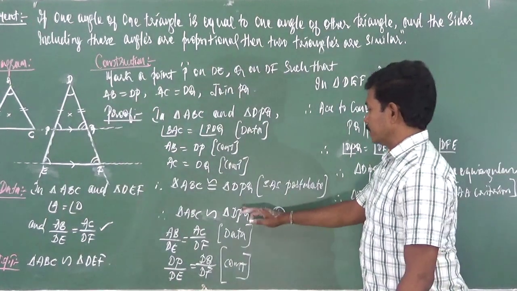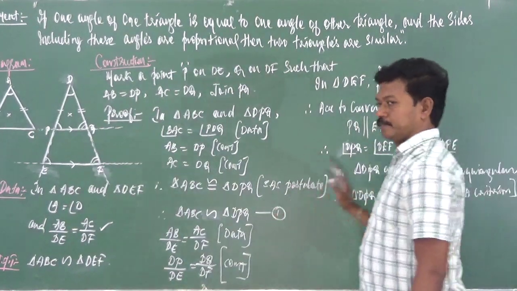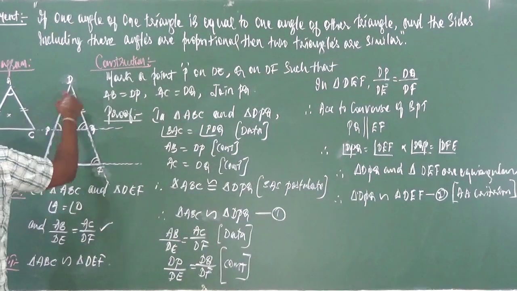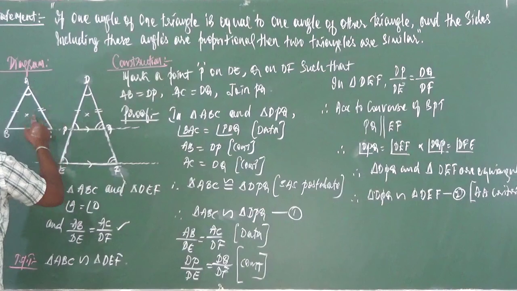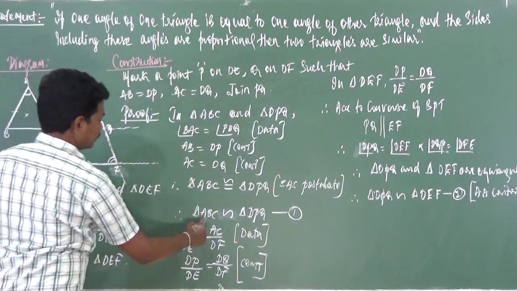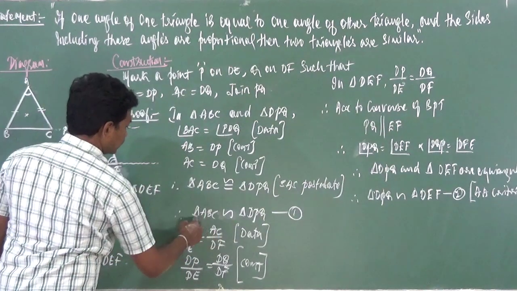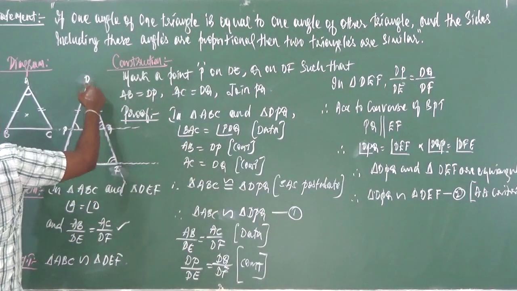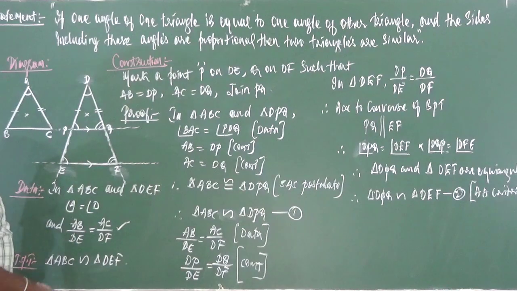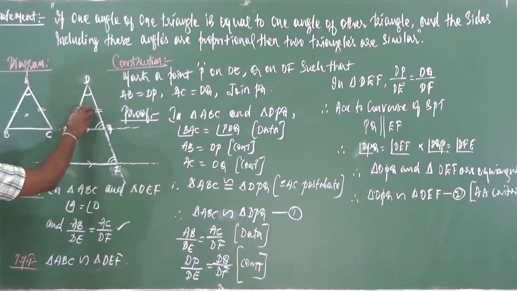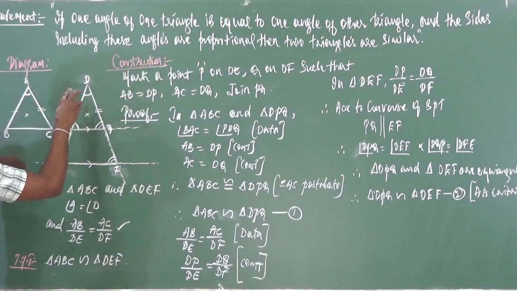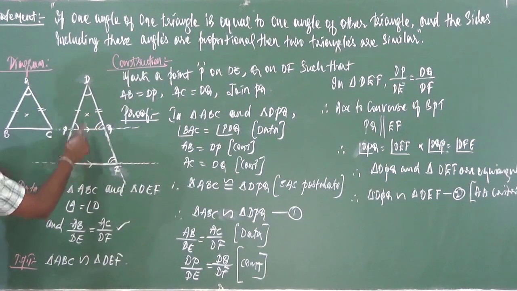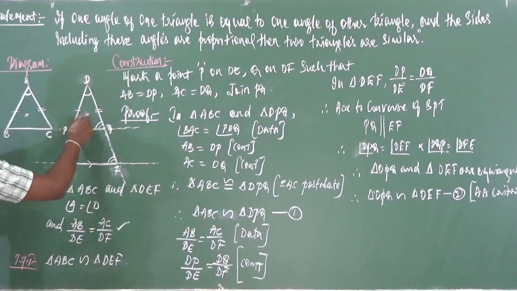Now compare equations 1 and 2. Here triangle DPQ is similar to triangle ABC, that is given here, and now the same triangle DPQ is similar to triangle DEF. That means triangle DPQ is similar to triangle ABC, and triangle DPQ is similar to triangle DEF. Then this is similar to this is similar to this.